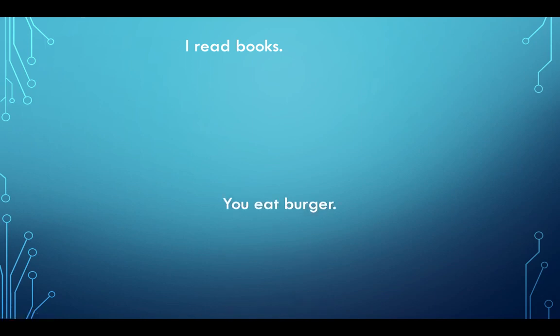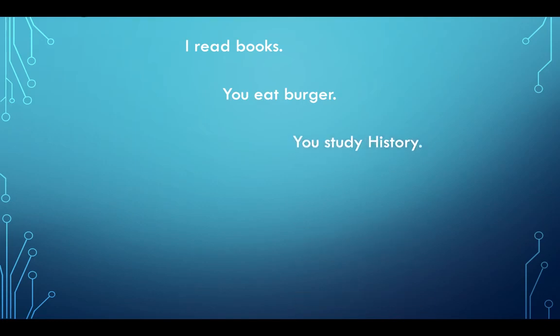Simple sentence. You eat burger. Present indefinite. Simple sentence. You study history. Same. Simple sentence. But when I say he helps me, at the end of help, s is added. And just see, he is being used.